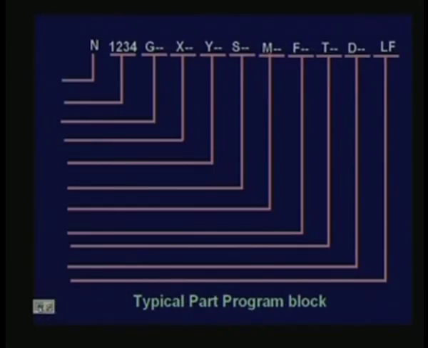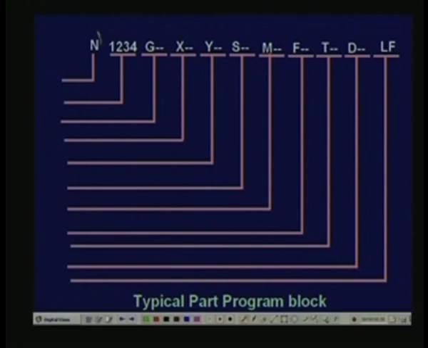So typically a block is defined like this. This is the number, then there is a G command, then there are some XY commands which are position coordinates. Apart from that, there are various other kinds of commands which are specified.